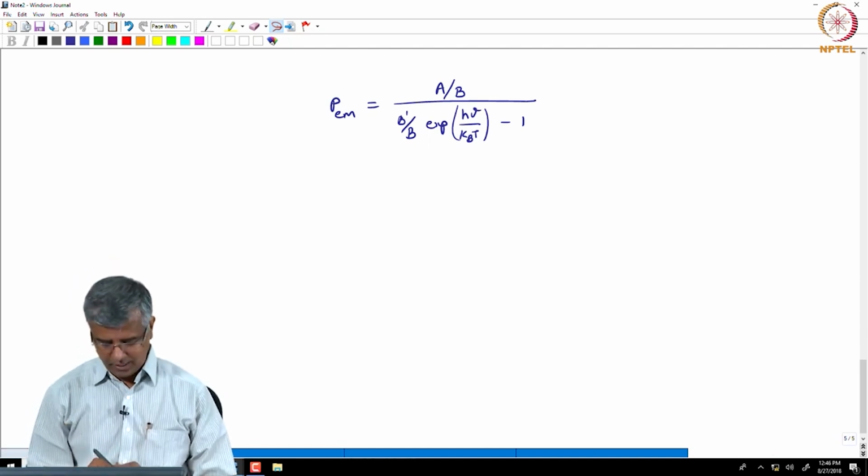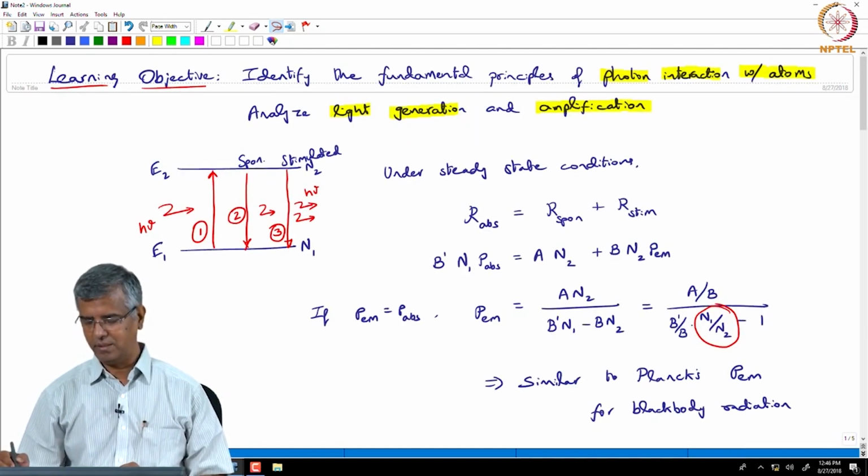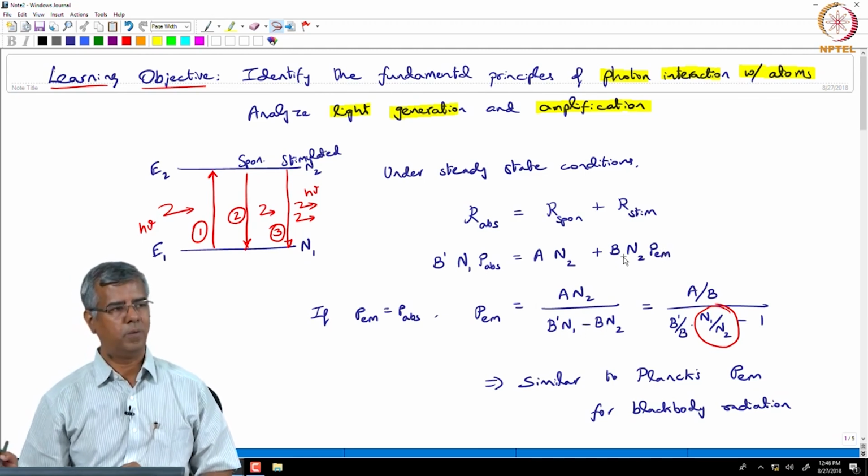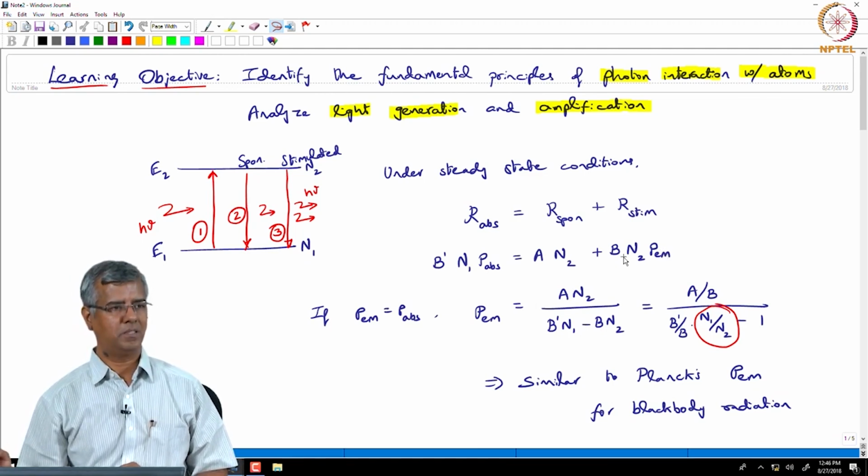And if that changes, if you go back and look at this, that actually is where that comes into the picture: determining which is more probable, spontaneous emission or stimulated emission.